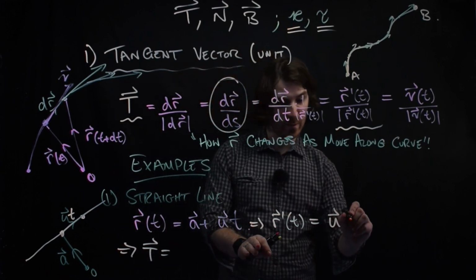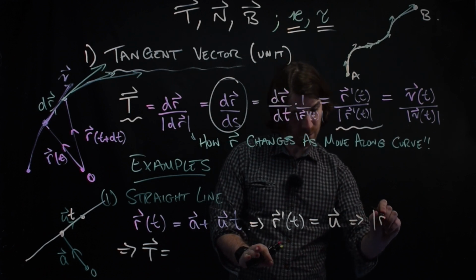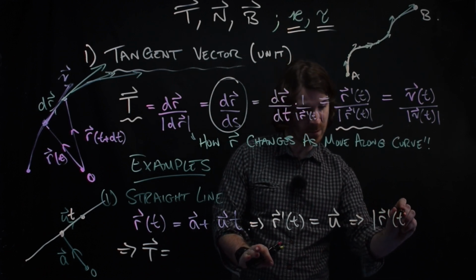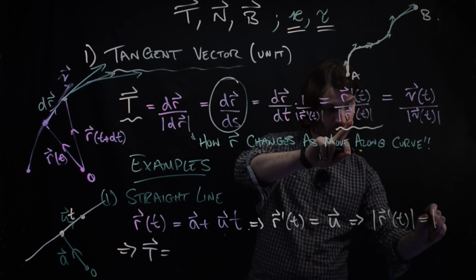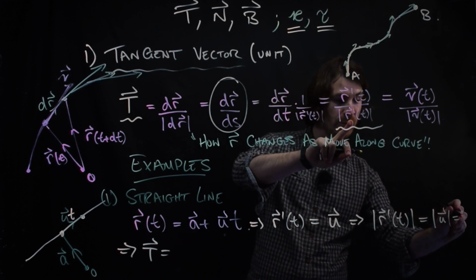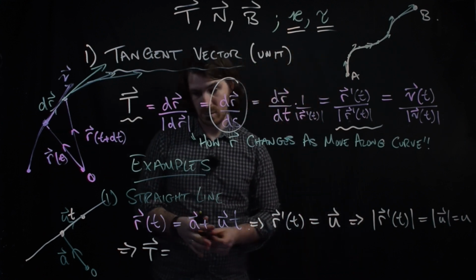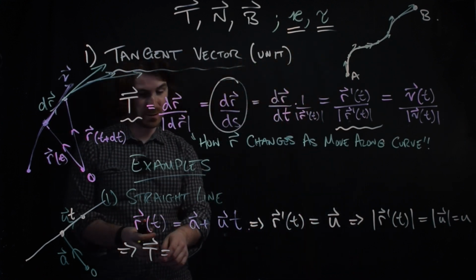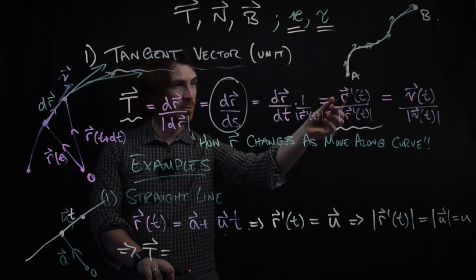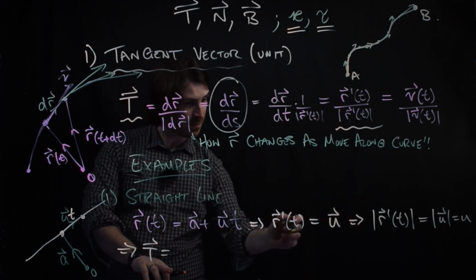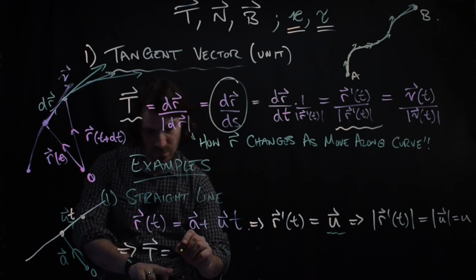So that means the magnitude of r prime of t, which is on the bottom line, is equal to the magnitude of u, which we just call u. So the tangent vector t for the straight line is r prime of t, which equals u.